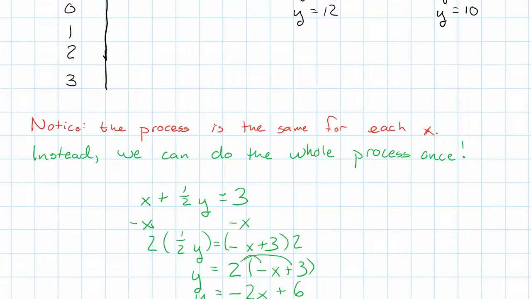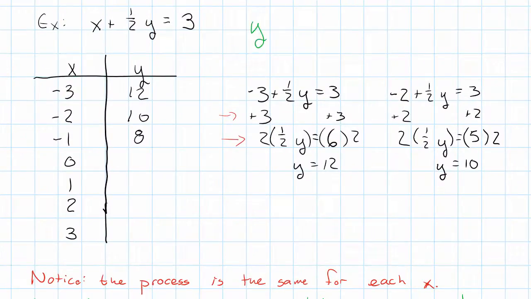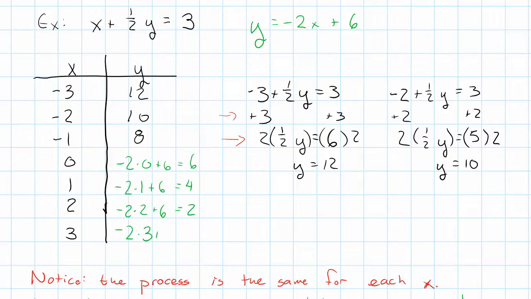What's the advantage of having this form? Well, if we have this form, y is -2x plus 6, then to fill in a row in this table, we just need to do arithmetic. -2 times 0 plus 6 is 6. -2 times 1 plus 6 is 4. -2 times 2 plus 6 is 2. -2 times 3 plus 6 is 0.